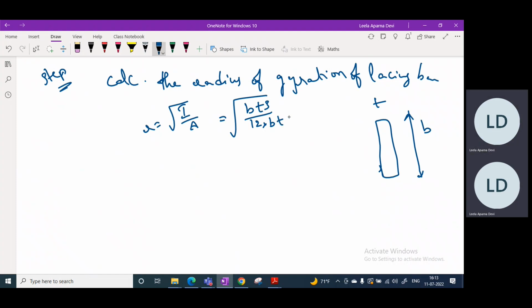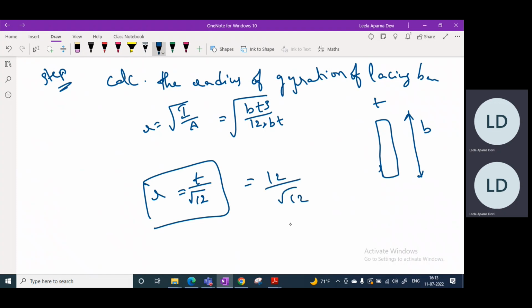So from this we can write this as t by root 12. You can simply remember this formula, and the thickness is 12 by root 12, which equals 3.46 mm.